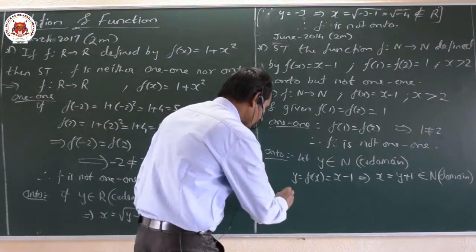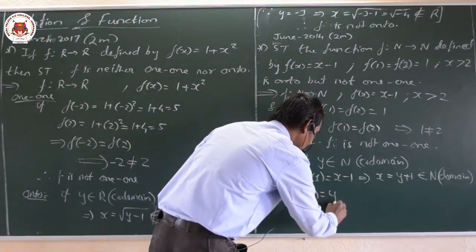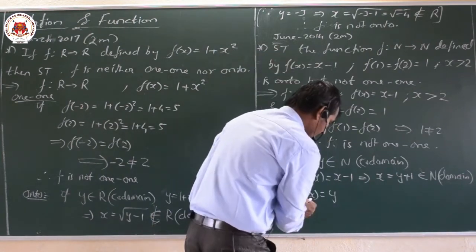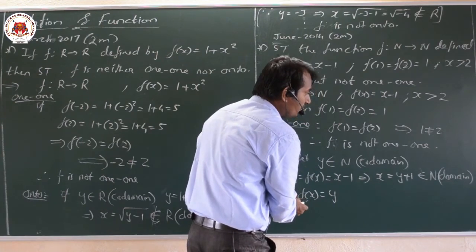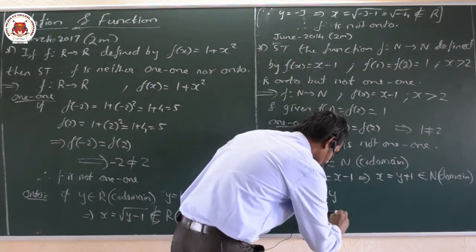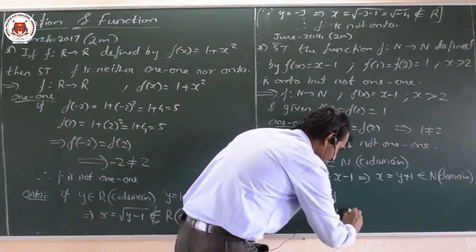Therefore what we can say, such that f of x equal to y. What is the function f here? Function f is x minus 1. In the place of x, what we have to substitute here?